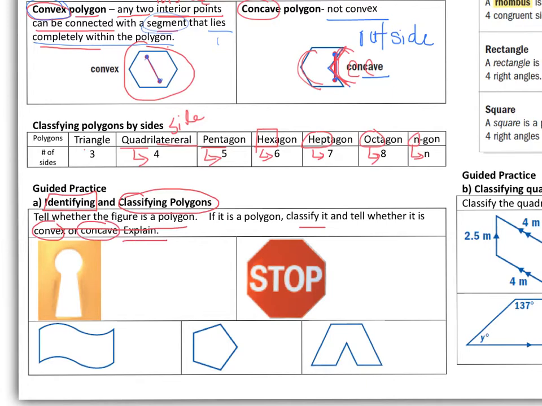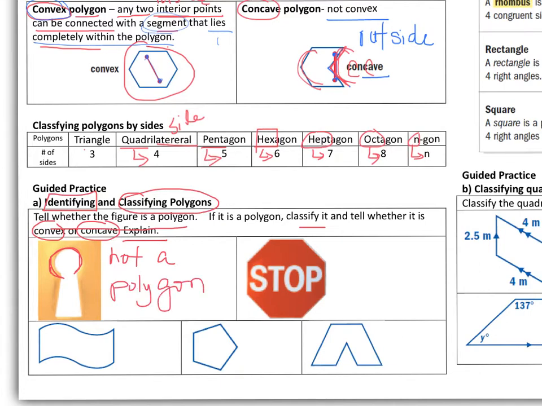Explain. Okay, so first of all, this first picture here happens to look like a doorknob. And there's a curve. So this makes it not a polygon. If it's not a polygon, we don't need to classify it.